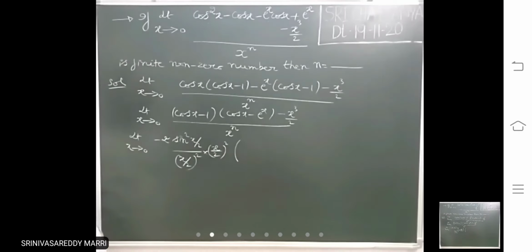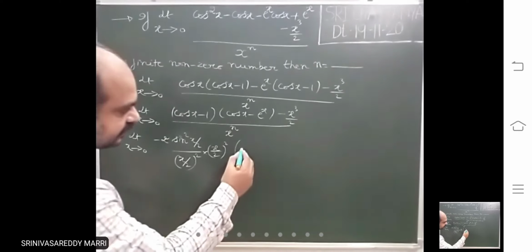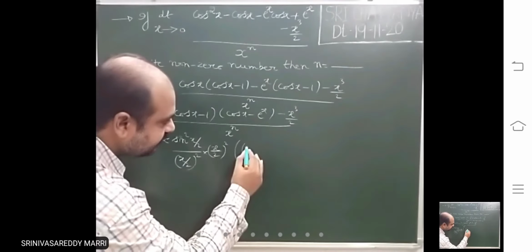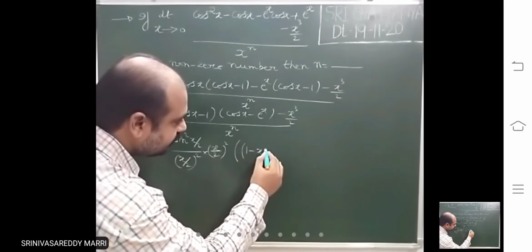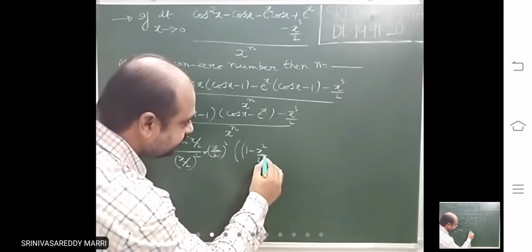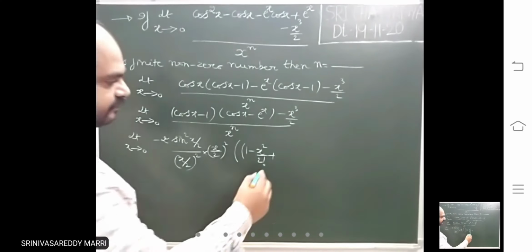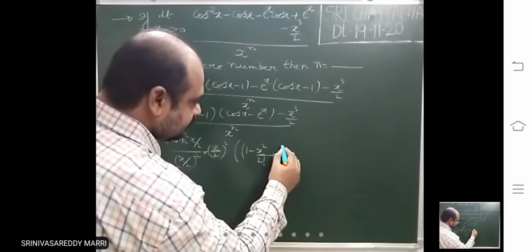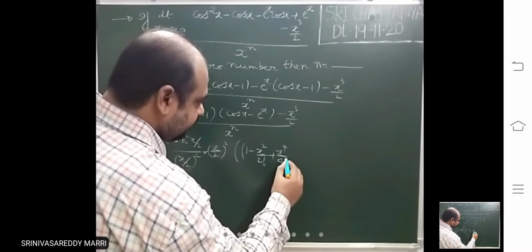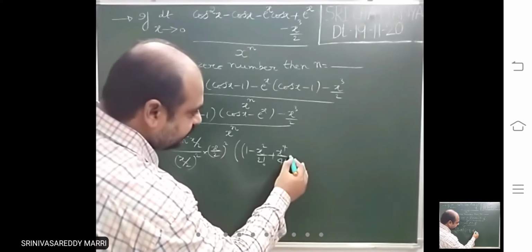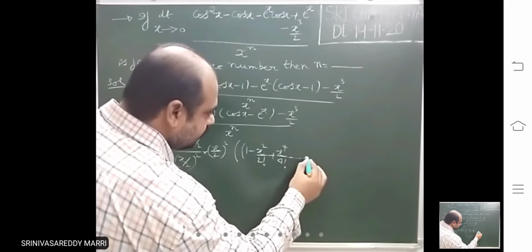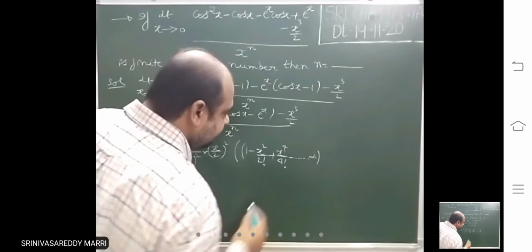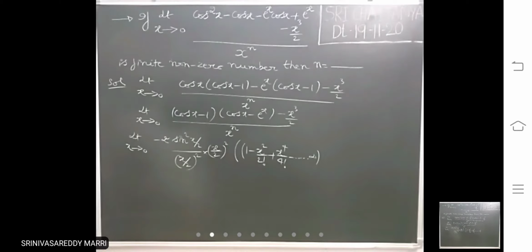Now the cos x series I am writing: 1 minus x squared by 2 factorial plus x power 4 by 4 factorial, and so on to infinity.